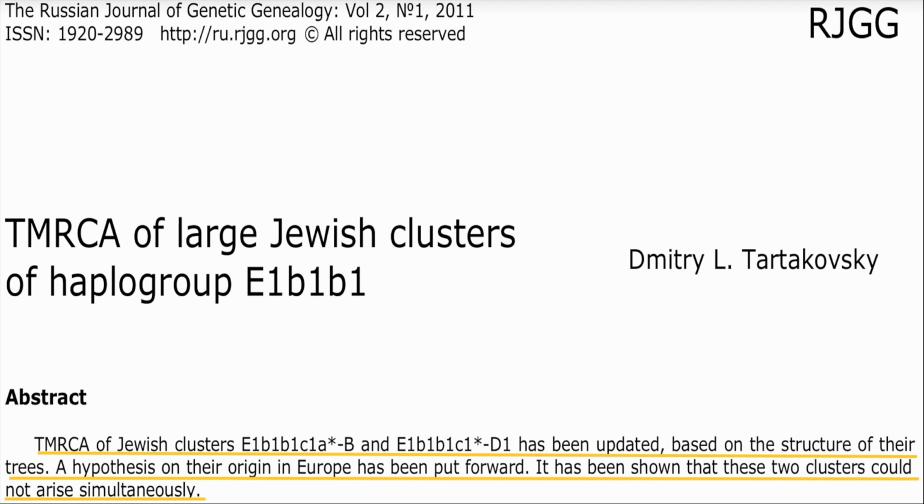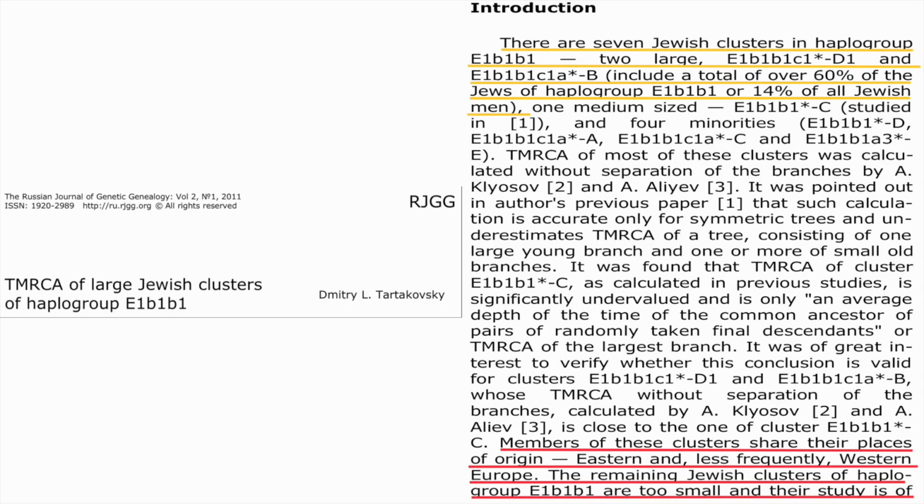It has been shown that these two clusters could not have arisen simultaneously. There are 7 Jewish clusters in haplogroup E1b1b1, 2 large: E1b1b1 C1-D1 and E1b1b1 C1a-B. Included a total of over 60% of the Jews of haplogroup E1b1b1, or 14% of all Jewish men.